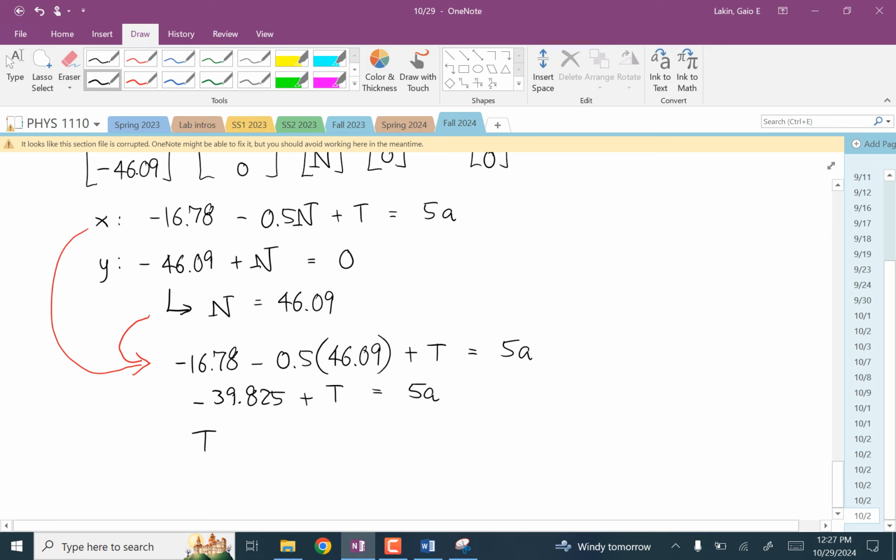Since I know I'm going to be substituting this equation in later, I'm just going to rearrange this now, but you can do that later. So T is equal to 5a plus 39.825.